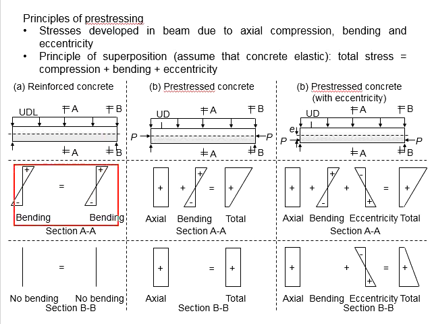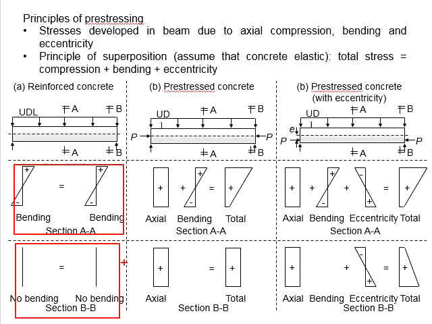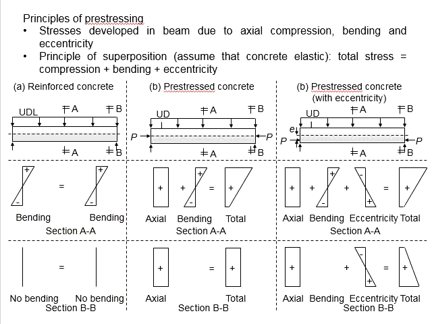The diagram here shows the stress in the beam at the midspan, and the diagram here shows the stress at the support. For a typical reinforced concrete beam, no prestressing load is applied onto the member.